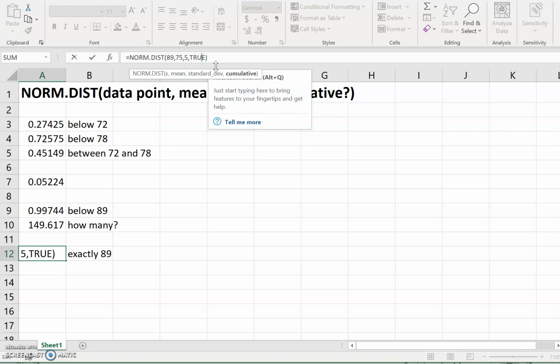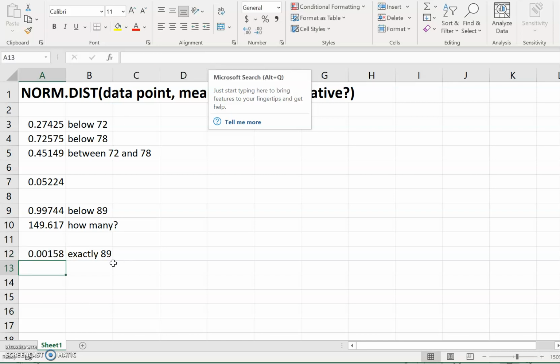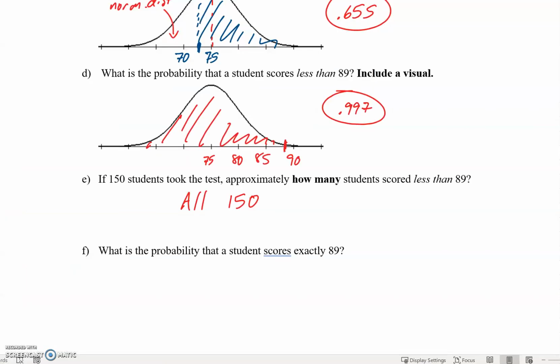All that is going to stay the same, but I'm just going to change this to false, and it's going to tell us how many people we think scored exactly 89. This is a very, very low number, so basically almost nobody did. 0.00158, so 0.158%. So if I go back over here, the probability, if we're rounding to 3 decimal places again, is 0.002. The 5 would make us round up to 2.